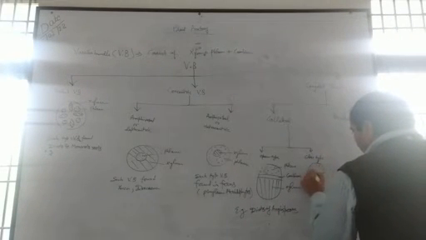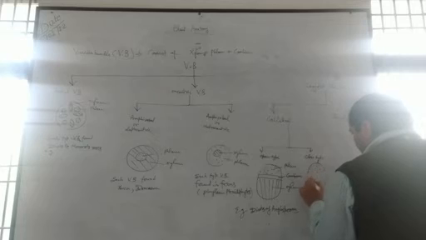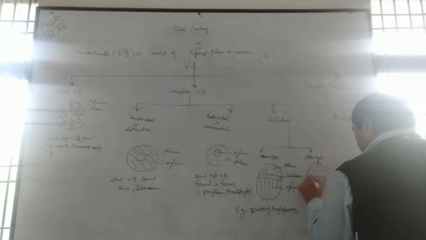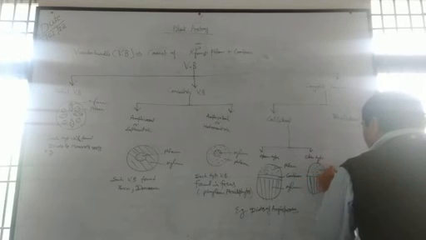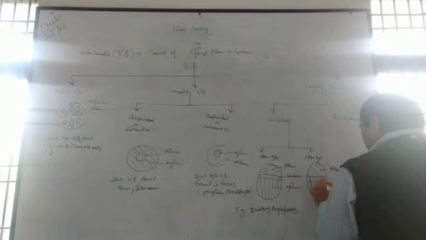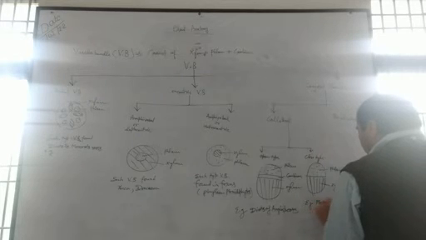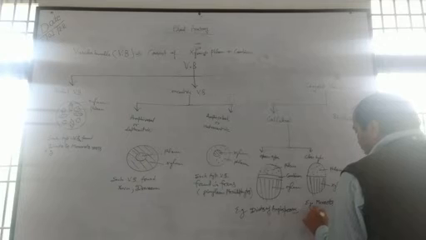There is no cambium ring in between the xylem and phloem. Phloem, xylem. Example: monocots, angiosperms.